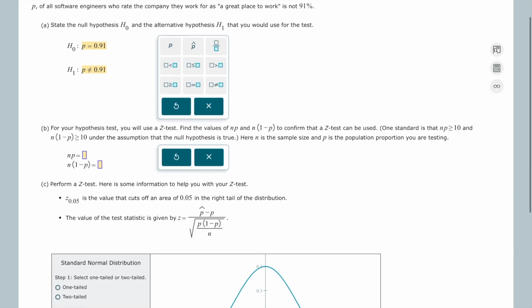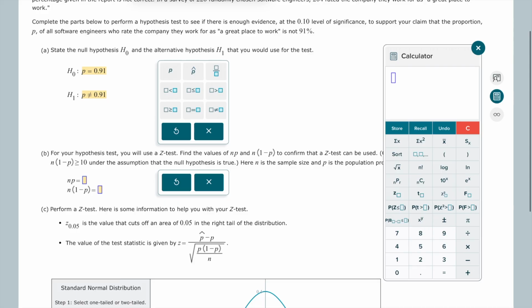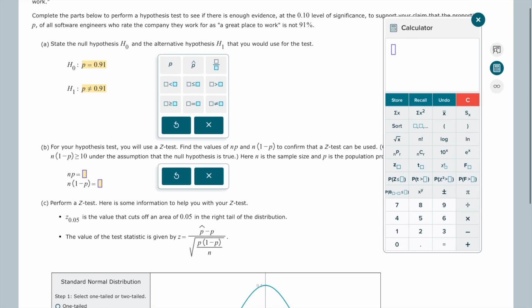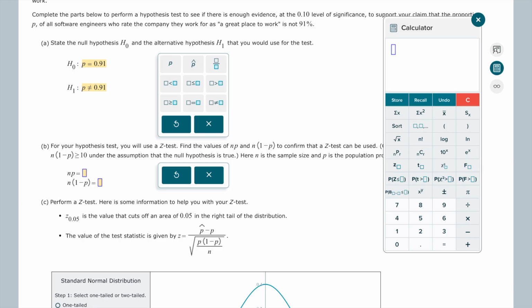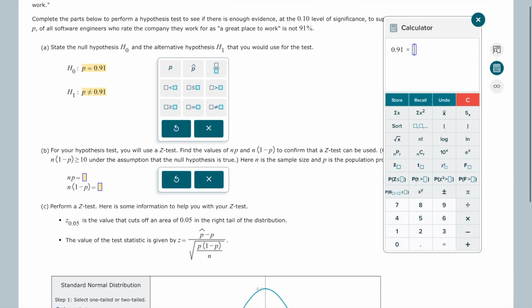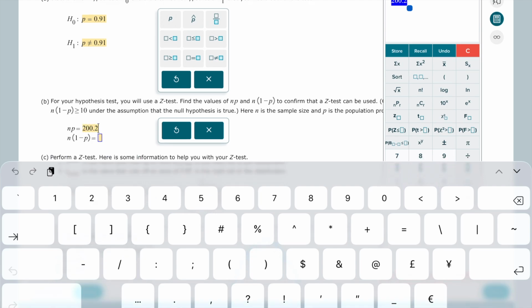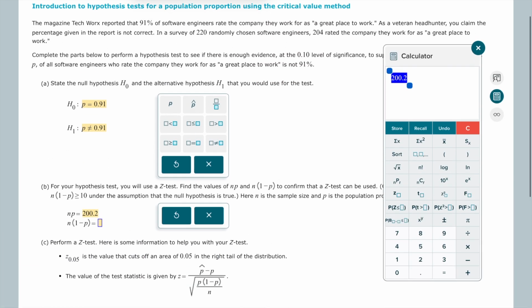All right. The first thing you've got to do is check to see if you can do the hypothesis test. So you do N times P: 0.91 times N, which is 220. We surveyed 220 people, so that is 200.2. And if 91% say it is a good company to work for, that means 9% say it's not, right?